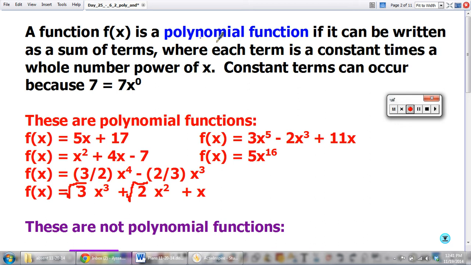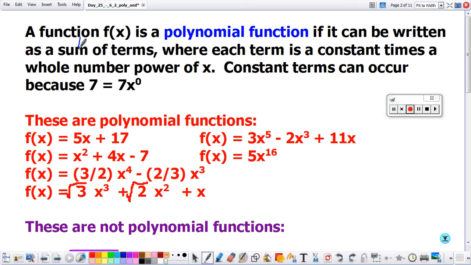So at the top, you don't have to write this down, it says it on this worksheet. A function is a polynomial function if it can be written as a sum of terms, and a sum is adding. You could also have subtraction, you can think of it as plus and negative, and where each term is a constant, so that's a number, times a whole number power of x. And remember, a whole number is a positive integer.